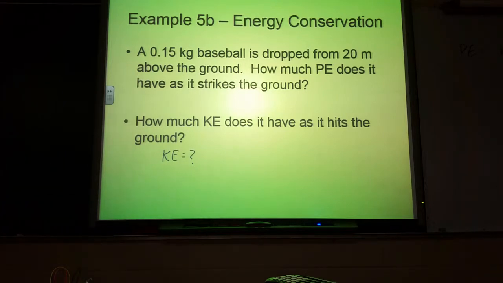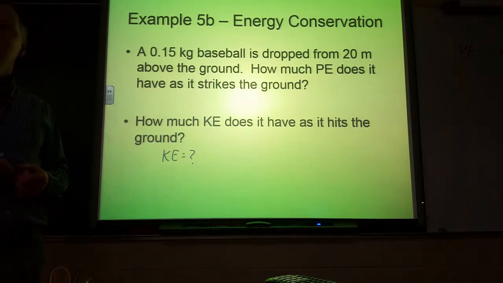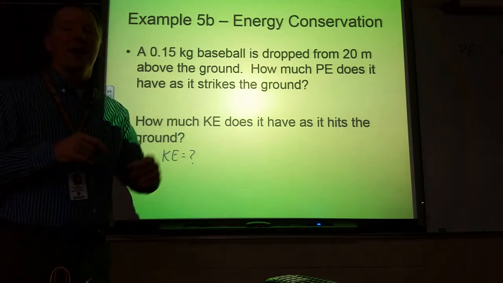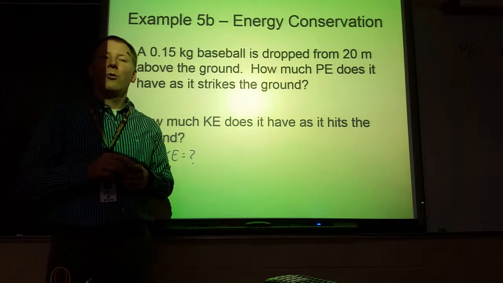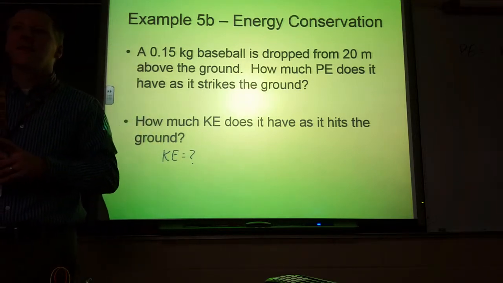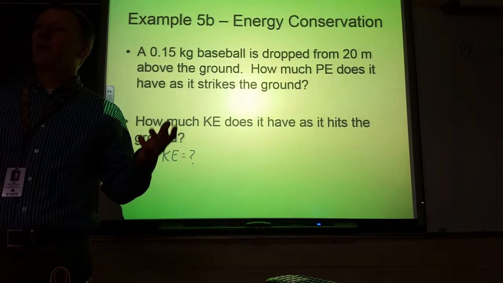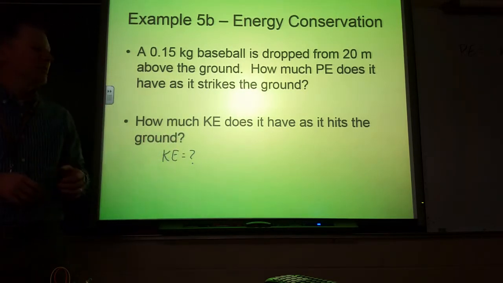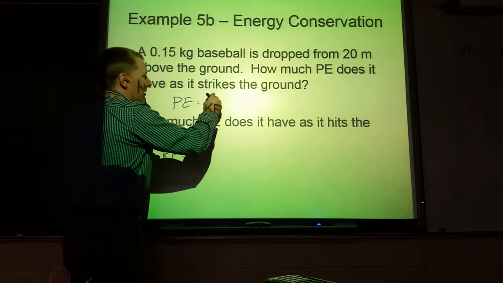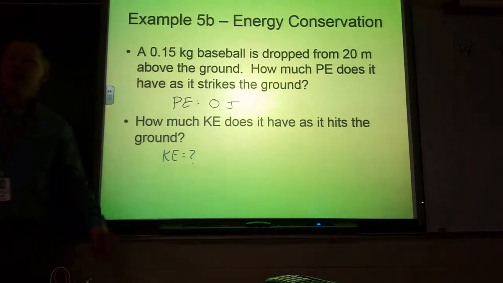Question is, where did that kinetic energy come from? Why does it now have kinetic energy? Jeremy, you guys together just answered that a moment ago. Why does it now have kinetic energy? Because it transferred energy from potential. It no longer has potential energy. We said it transferred into kinetic.